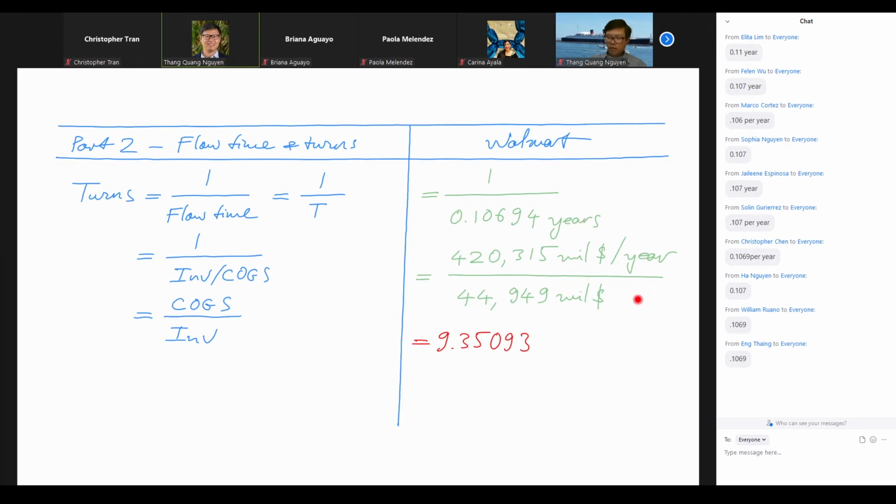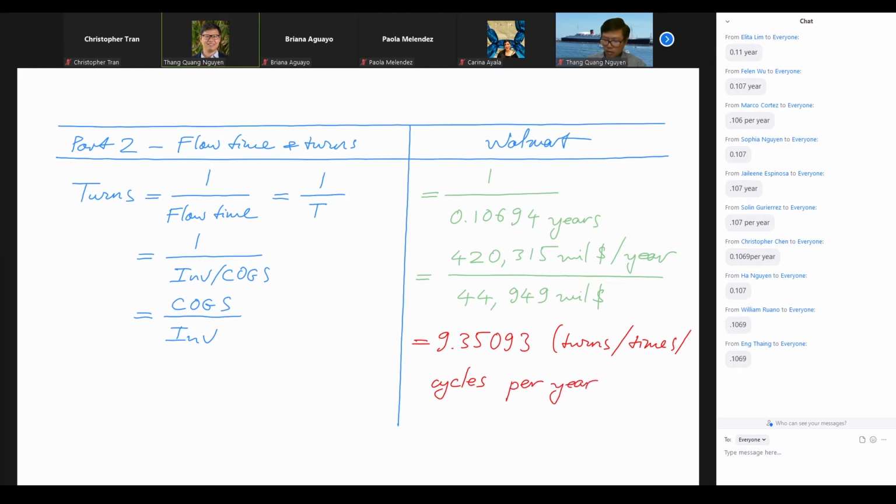So the units here are the following. This is how many turns, the turnovers, or the times, or the cycles at Walmart that we see in a year.